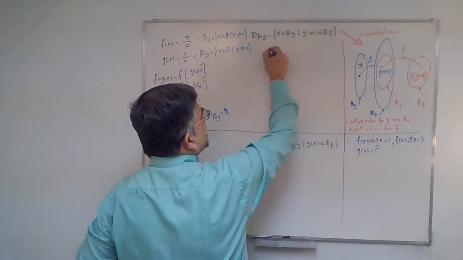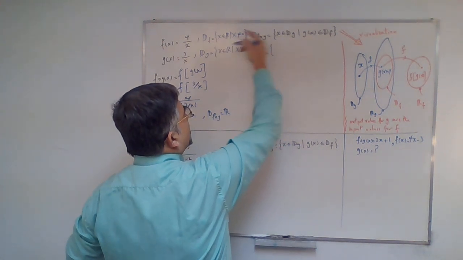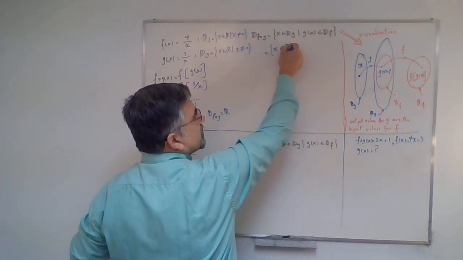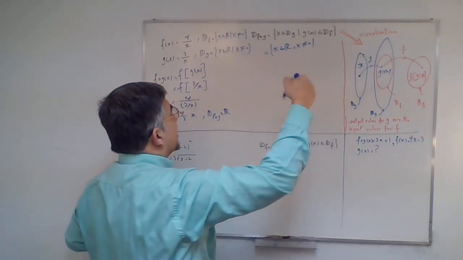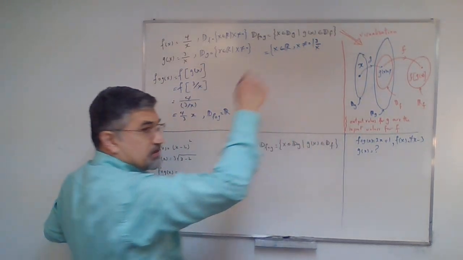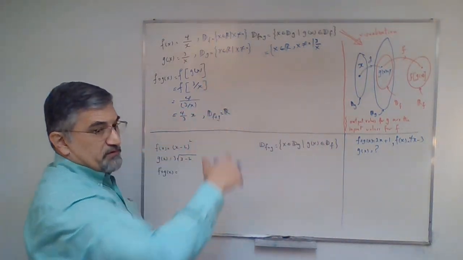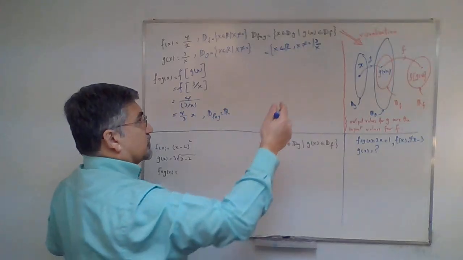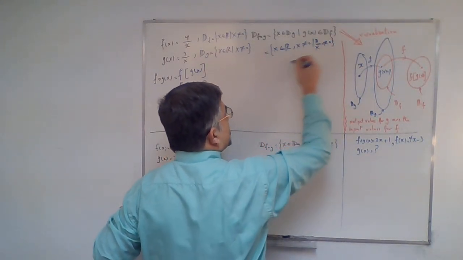So when we say that, if we follow the formula, we're going to say x belongs to the domain of g, which means that x cannot equal 0, clearly, such that g of x, which is 3 over x, has to belong to the domain of f. And what was the domain of f? We said the domain of f is all real numbers except 0. So that means that 3 over x cannot equal 0.